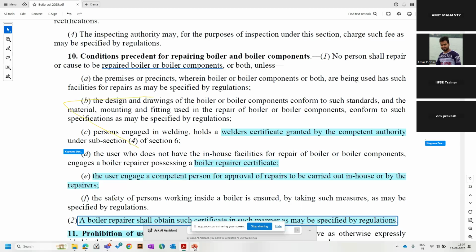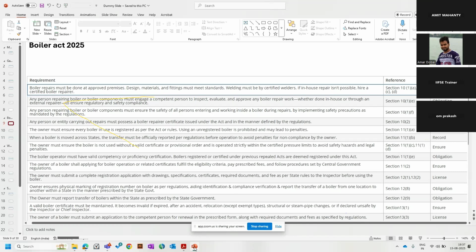So basically, you are not supposed to do any repairs on your own. It has to be done by a certified welder, and we also have to appoint a competent person, a third party, who will monitor that repair. If in-house it is not possible, you have to hire an external person who has the welding repair certificate.